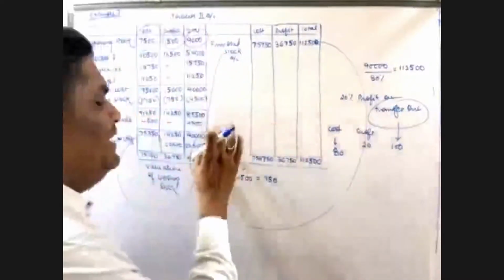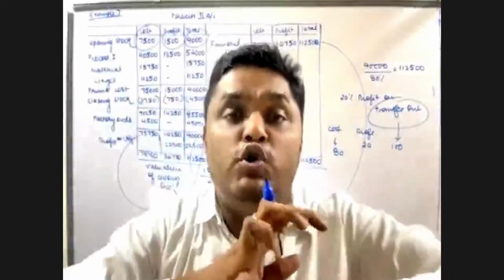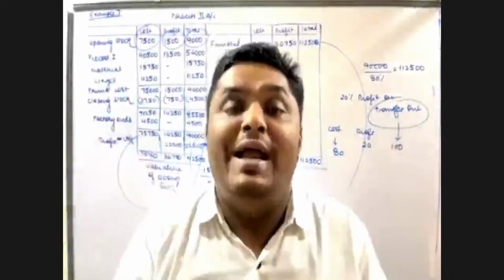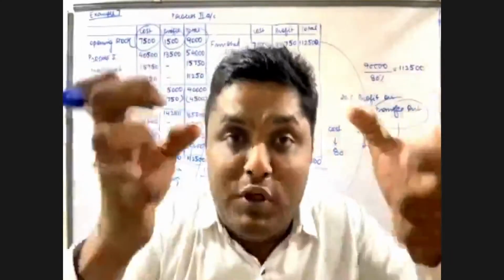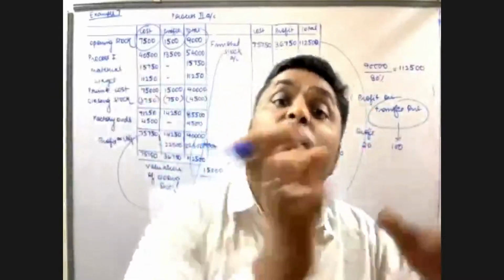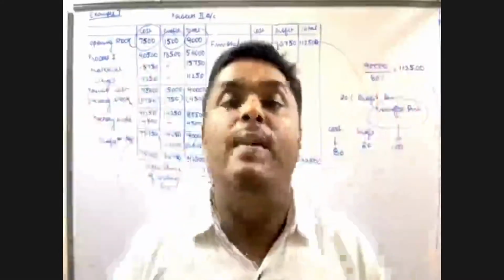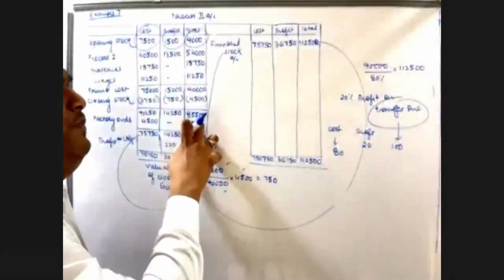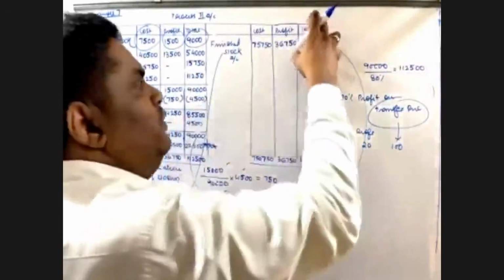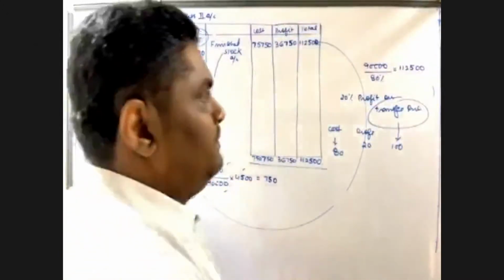So 90,000 is the cost of process second. इसके अंदर प्रोसेस सेकंड का कुछ भी प्रॉफिट जुड़ा हुआ नहीं है. इसके अंदर प्रोसेस सेकंड का प्रॉफिट नहीं जुड़ा हुआ है, प्रोसेस फर्स्ट का जुड़ा हुआ है, और प्रोसेस सेकंड को उससे कोई भी मतलब नहीं है. So in simple terms, 90,000 is the cost of process second. That's why we calculated this 1,12,500 using 90,000.